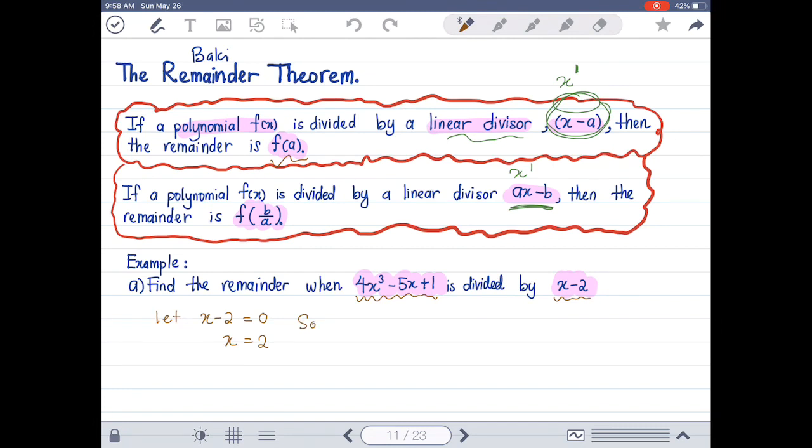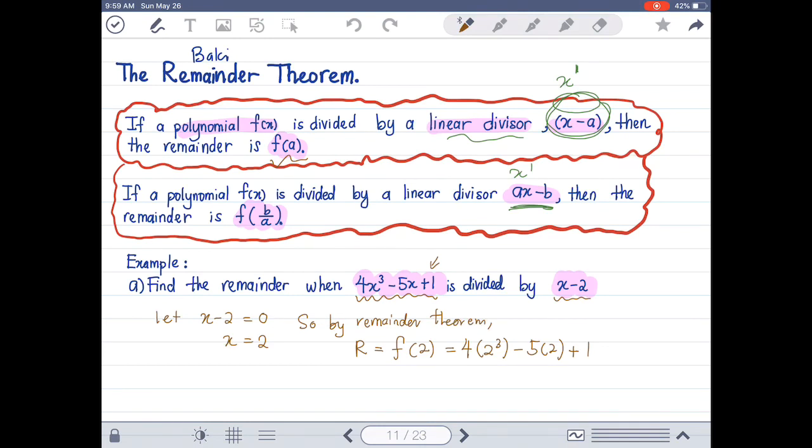So, by the remainder theorem, the remainder r is just equal to f(2), which is just equal to 4 times 2 to the power of 3 minus 5 times 2 plus 1. Just insert x equals 2 into this particular expression.